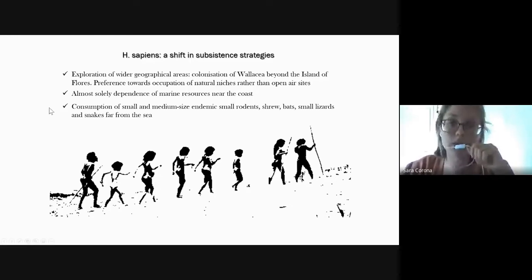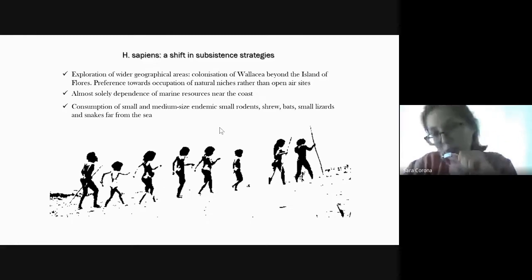Also, there's a very clear difference in the occupations. When pre-sapiens hominins seem to prefer open air sites, on the opposite, Homo sapiens, anatomically modern humans, preferred natural niches such as caves and shelters. And the biggest difference can be seen in the resources.